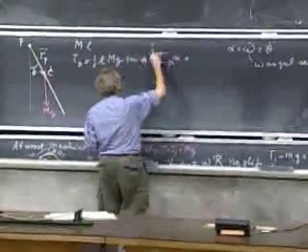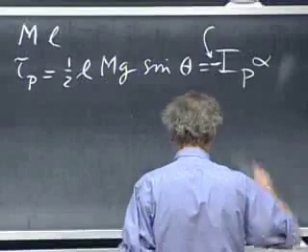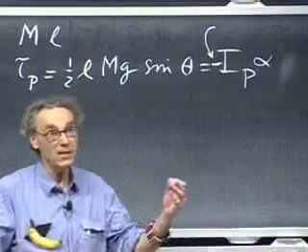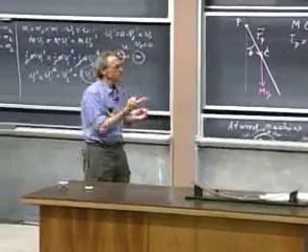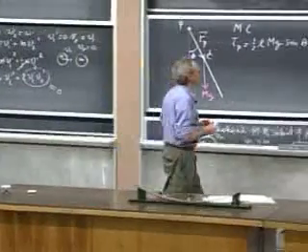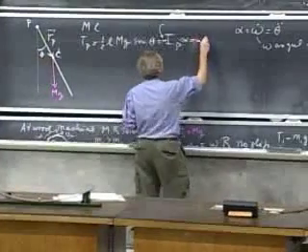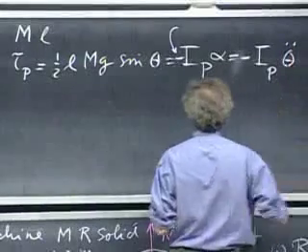That's important, because the torque is restoring, the same situation we had when we had a spring. We were oscillating a spring. The spring force is minus kx. The minus sign here plays exactly the same role. So I can write down here minus I of P theta double dot.